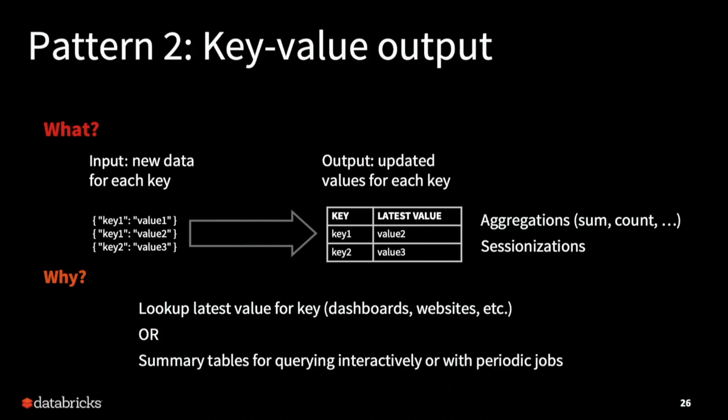Either the aggregates may be consumed for lookup, like let's say a website wants to look up one aggregate at a time, or it can be used for reporting, like give me all the aggregates right now as a giant scan. So depending on that, the solution would be different.